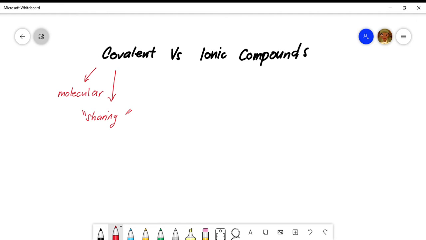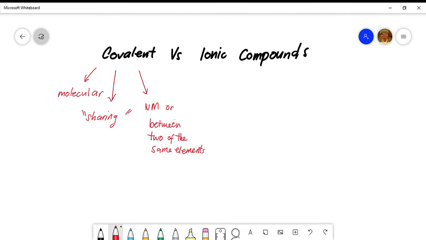So covalent compounds are formed through, of course, covalent bonding and commonly occur between nonmetals or between two of the same elements.